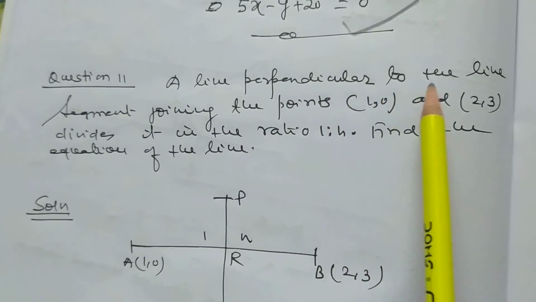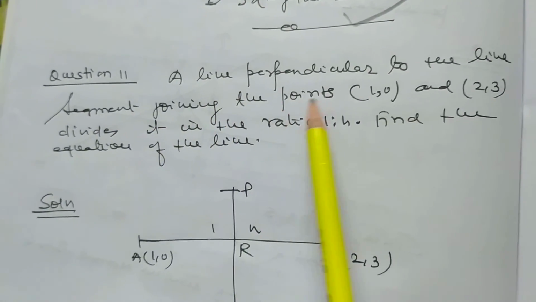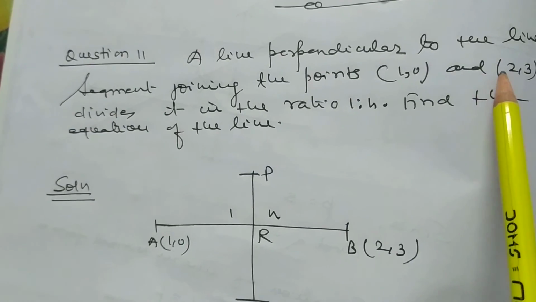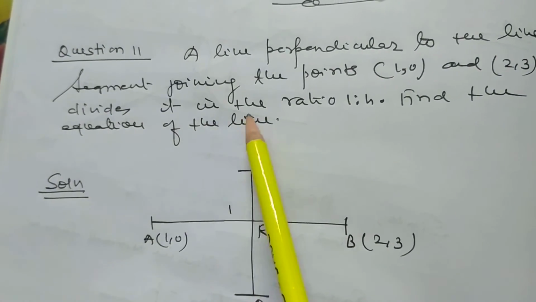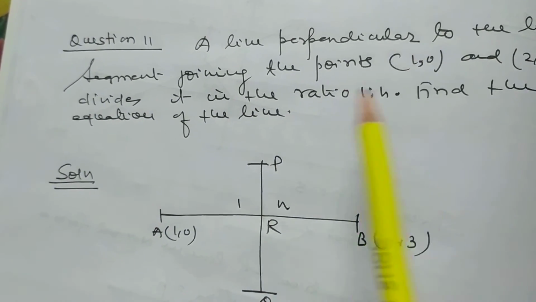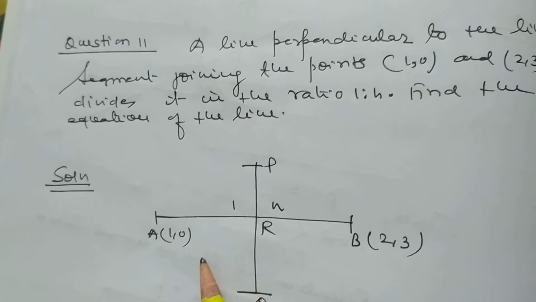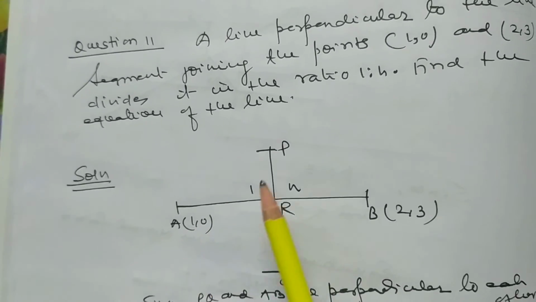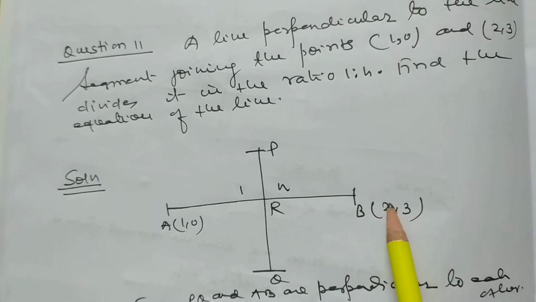A line perpendicular to the line segment joining the points (1, 0) and (2, 3) divides it in the ratio 1:n. Find the equation of the line. My dear student, here both lines are perpendicular to each other.